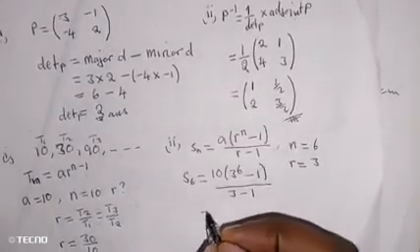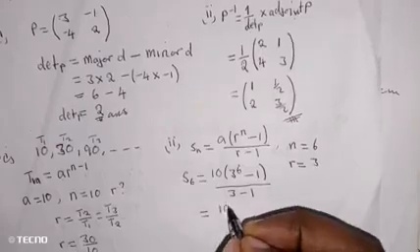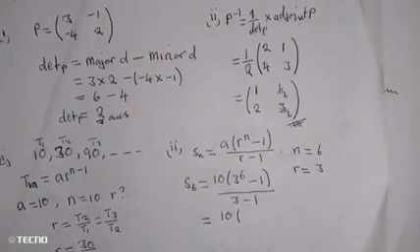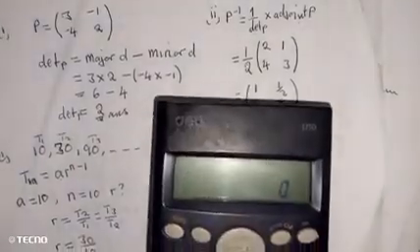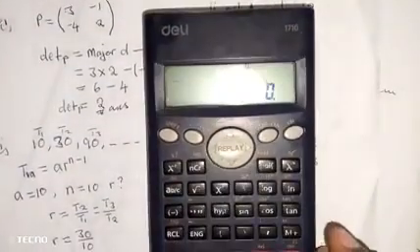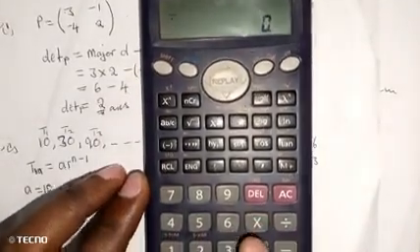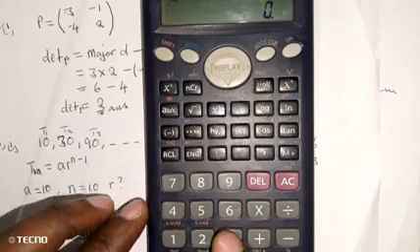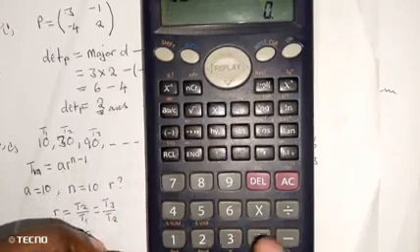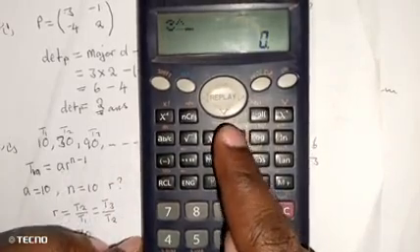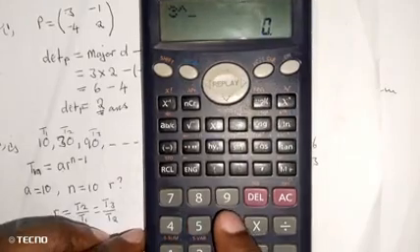So having this, it's 10, open bracket, 3 to the power 6. I have this calculator that I'm using. Just in case we are having challenges on the calculators, you write 3, go to the power key, and write power 6.